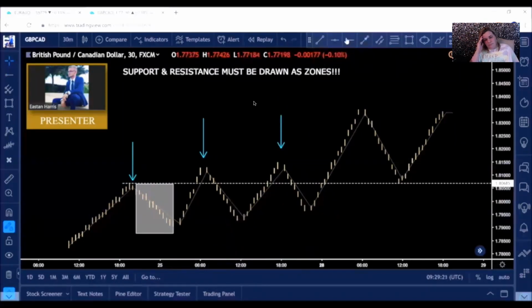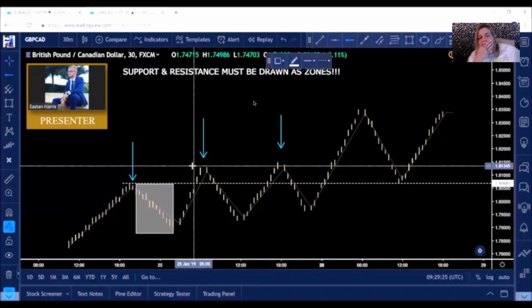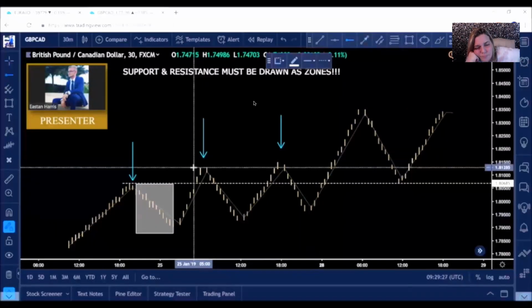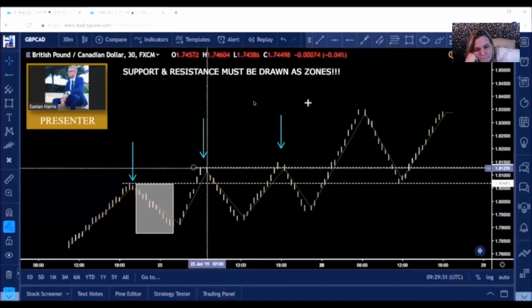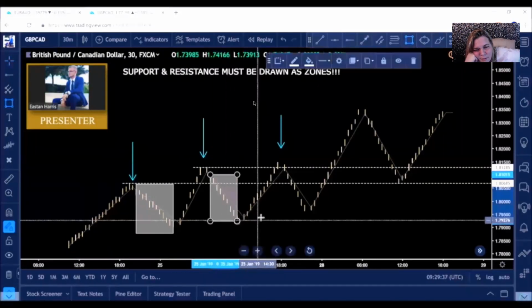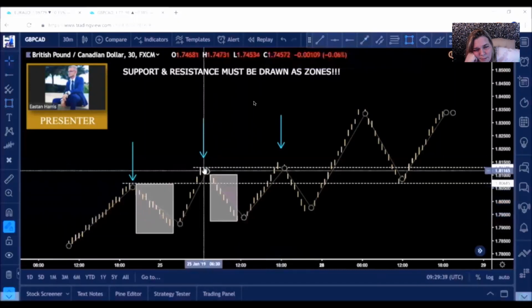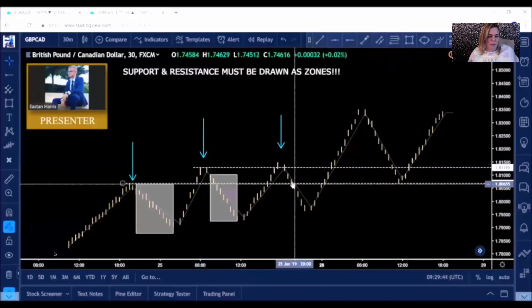So let's grab our dotted line and let's check this. Okay, this is where this move originated from. This bearish move originated from this point where my dotted line is. Now, if we look to the right.